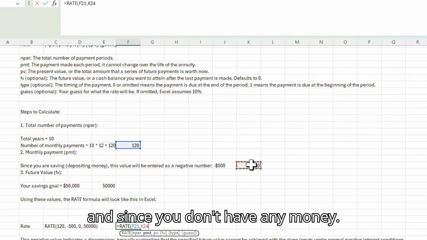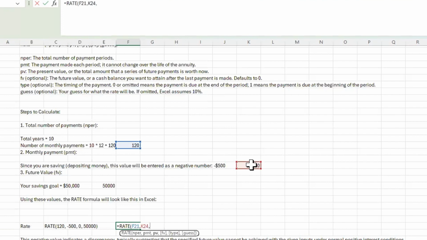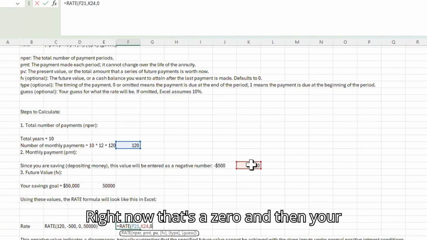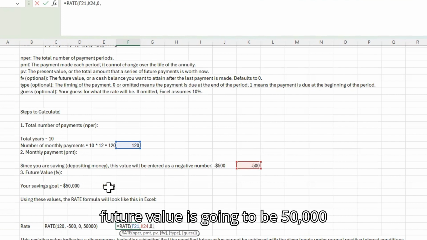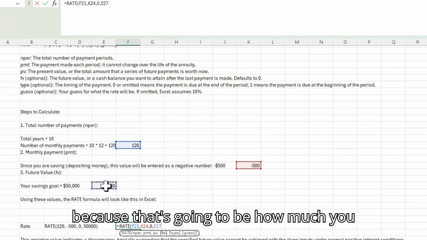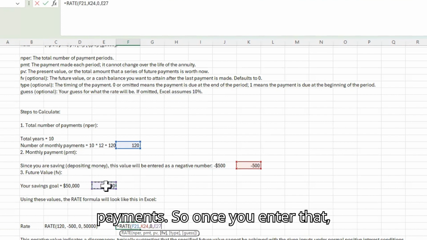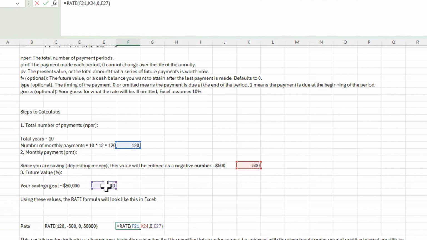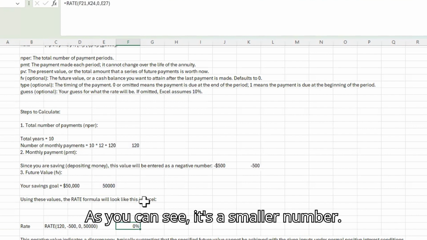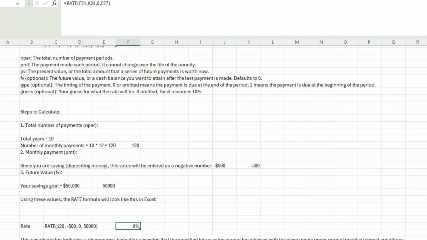And since you don't have any money right now, that's a 0. And then your future value is going to be 50,000 because that's how much you want to save by the end of the cycle of payments. So once you enter that, close that up. As you can see, it's a smaller number.